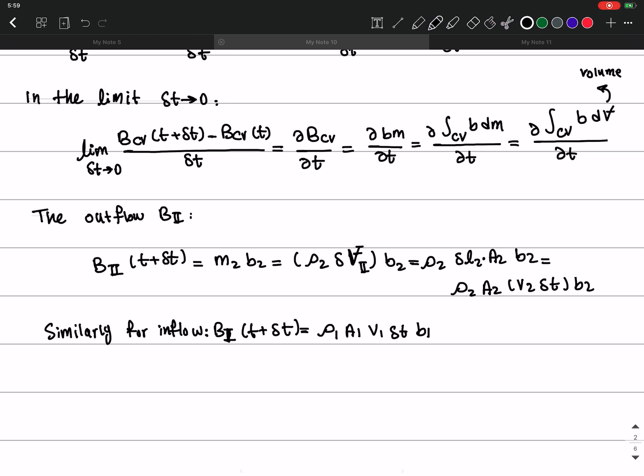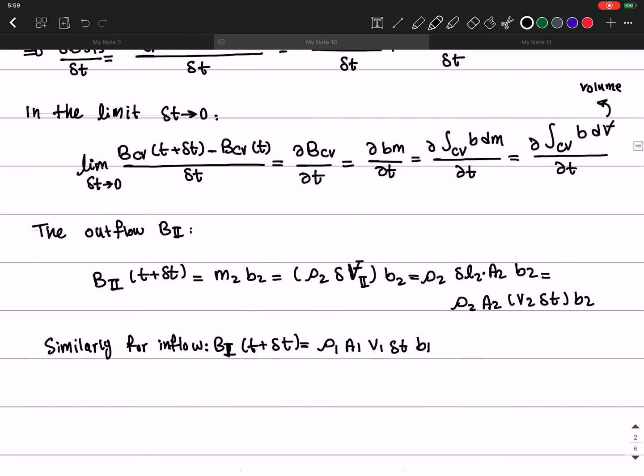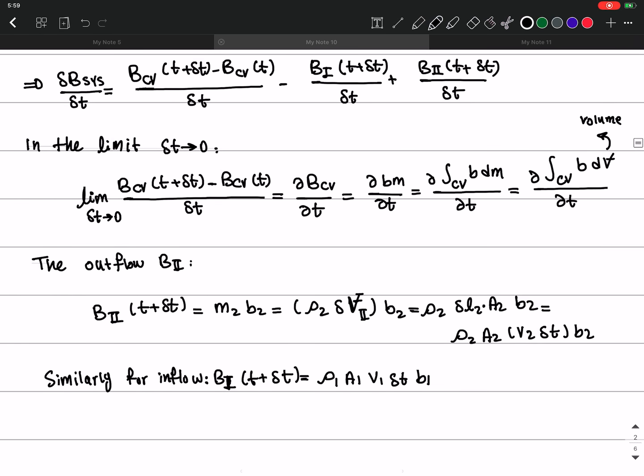So what we have learned so far is this rate of change of B, which is any parameter in the system.